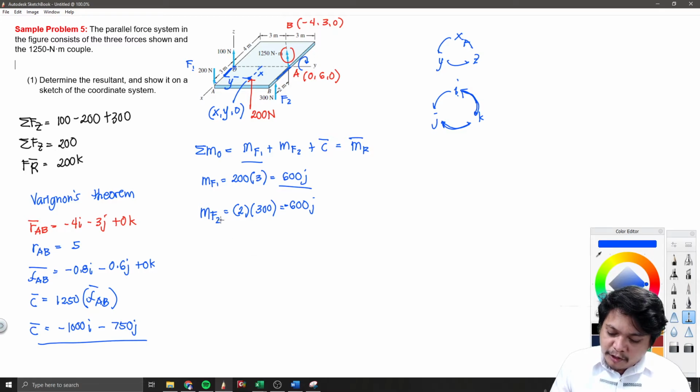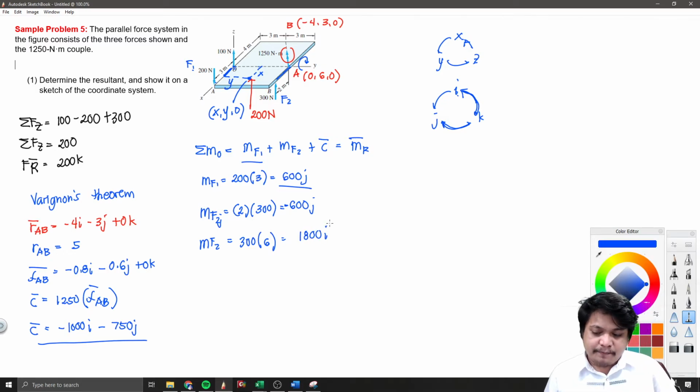This is only on the J, no? So, pero meron pa akong F2 kasi pwede rin niyang paikutin. Pwede rin niyang paikutin yung about x-axis doon. So, you will be having here 300 multiplied it by this distance, which is 6. So, that is 1,800. I naman siya.